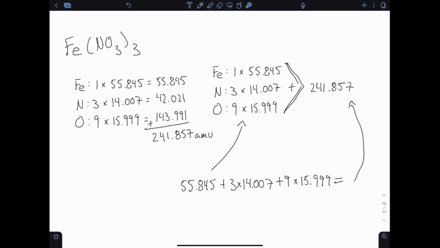Actually here, we do end up with the correct number of sig figs, though technically we'd have to drop the 7 there. But for formula mass, don't consider the sig figs, because we use this as a way to convert between grams and another unit called moles. And that's in the next chapter.